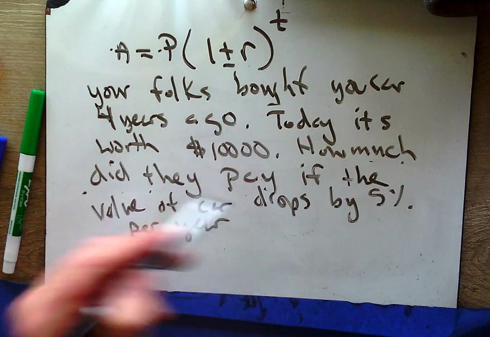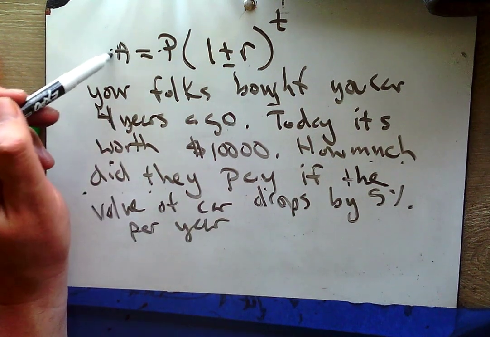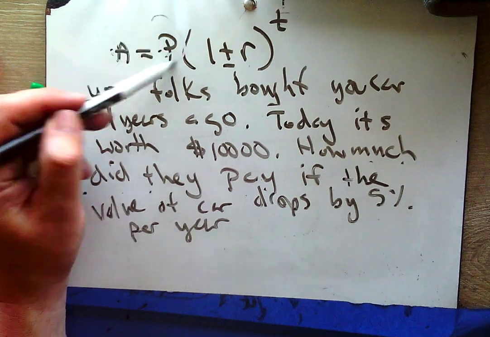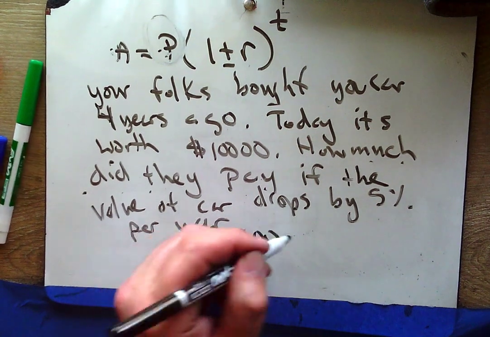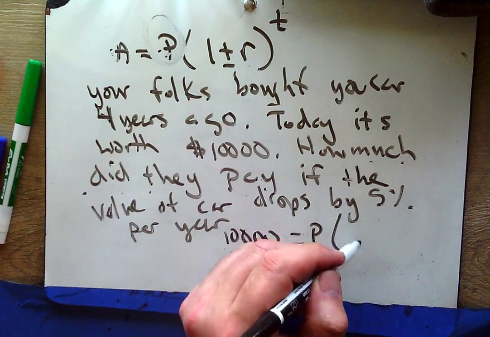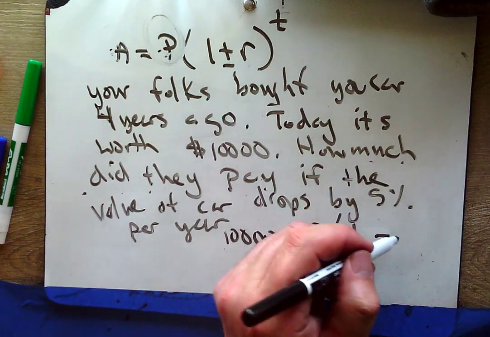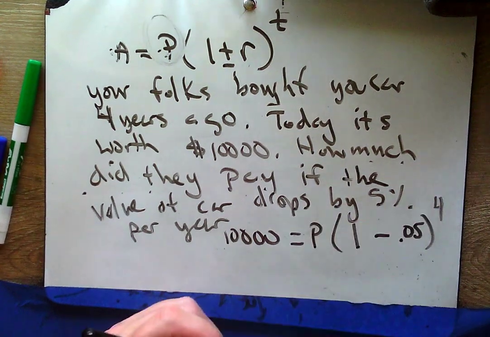Okay, and so what's different here is we're told what it's worth now, and we want to know how much did they pay? What was the initial amount? So I'll plug my 10,000 in. This stays P. I have 1 minus 0.05 to the fourth.